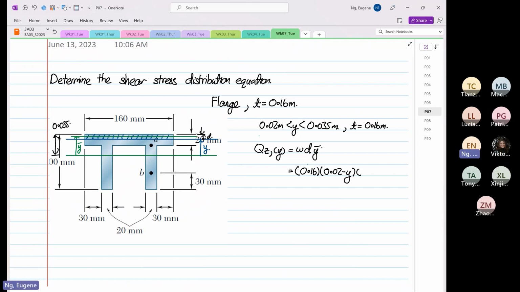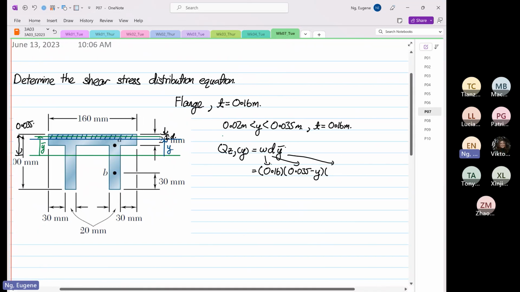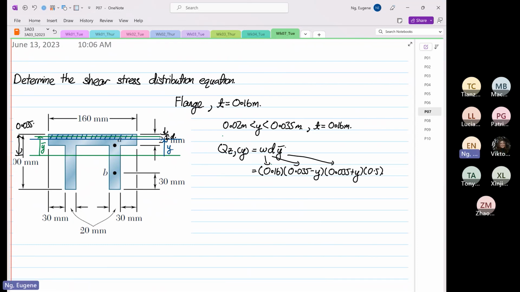This is your width, this is your depth. And now your y bar is equal to 0.035 plus y, multiplied by 0.5.